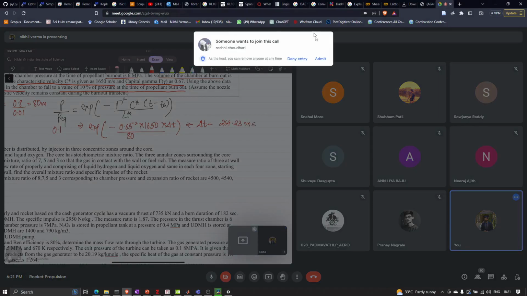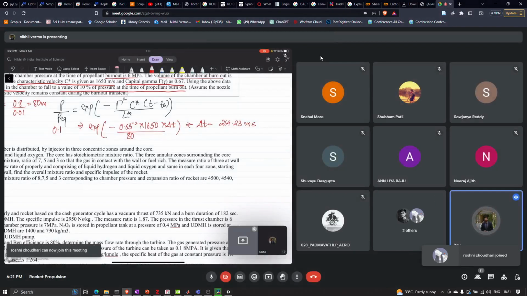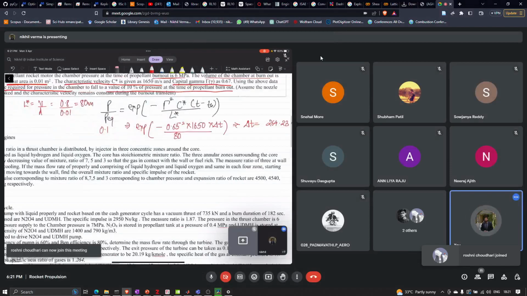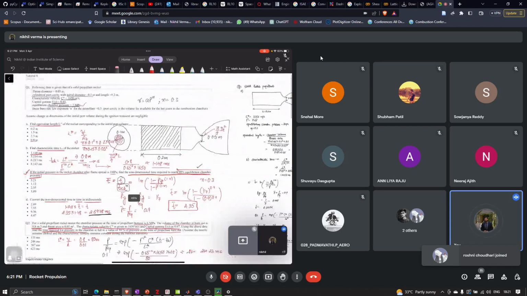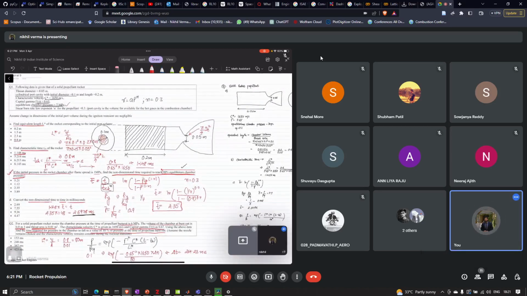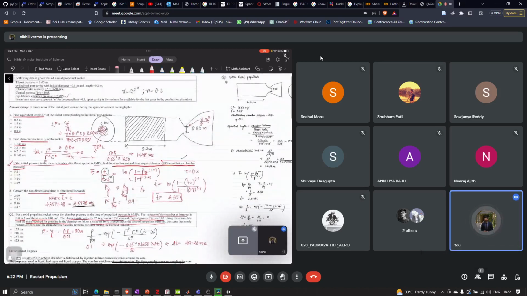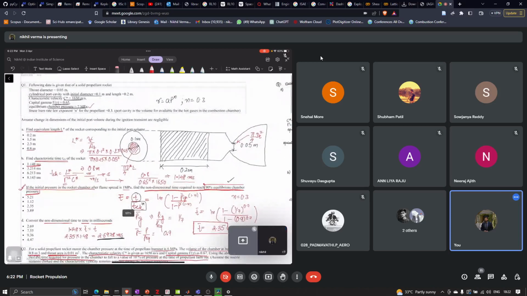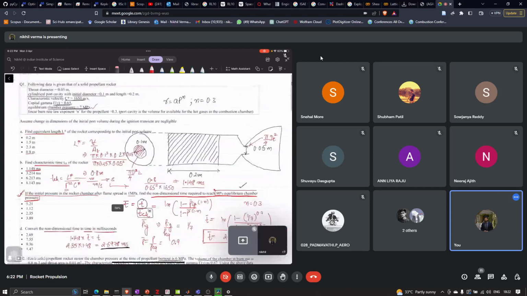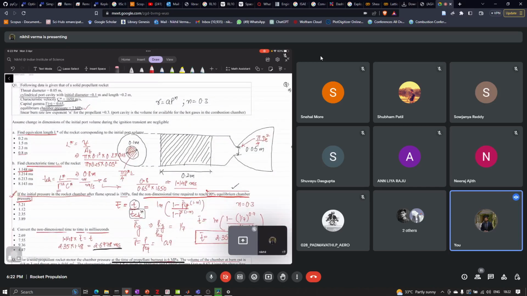Okay. I hope up to this point, if you have any issues with the solid propellant rockets, please discuss, because after this we'll move on to liquid rocket engines. Any doubts on this?